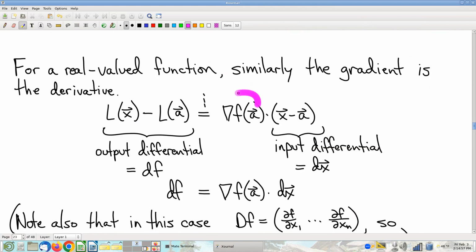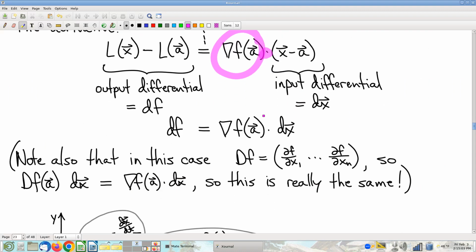Well, here's the thing. Notice that if you're doing dot products with a gradient vector, that's morally equivalent to multiplying by the df matrix. After all, if you're talking about a real valued function, the df matrix only has one row. There's only one output. Outputs correspond to rows. So there's only one row. And let's look and see what's inside of this one row. Well, it's all the partials of the function f with respect to all the input variables.